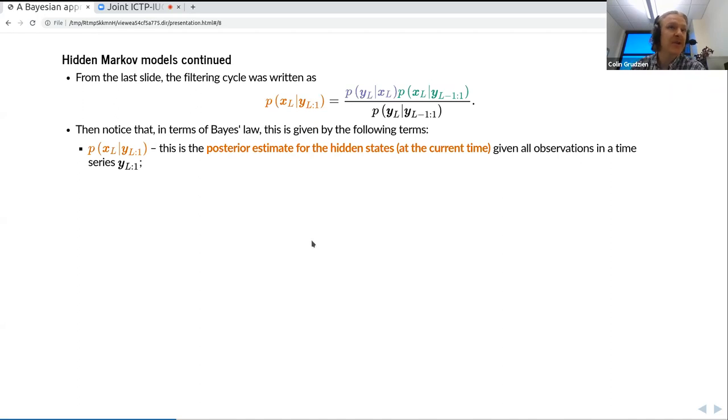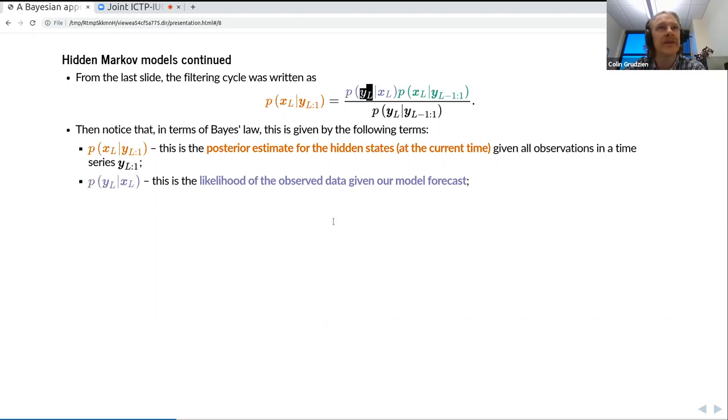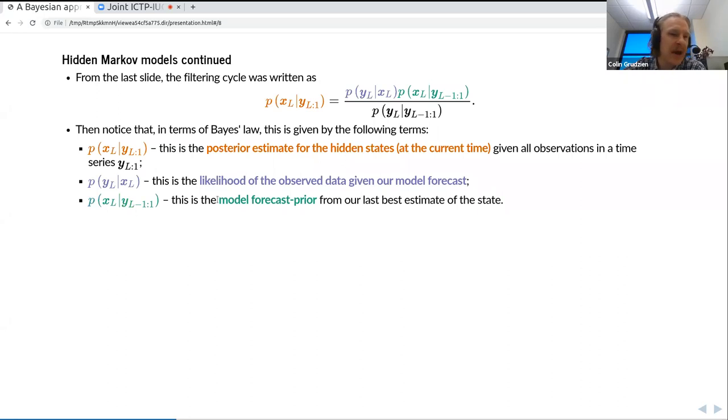That is, our conditional estimate given all of our past and present knowledge from the observed data. And this is the likelihood. Again, this is the conditional density: how likely is the current observation given our model forecast? And subsequently, this term is what we can refer to as a model forecast prior.